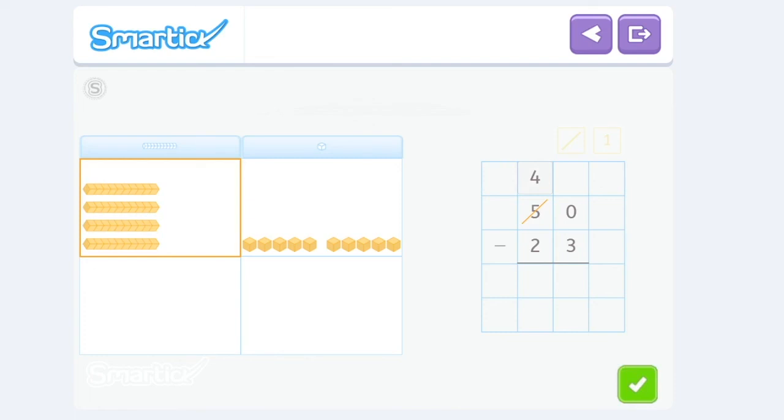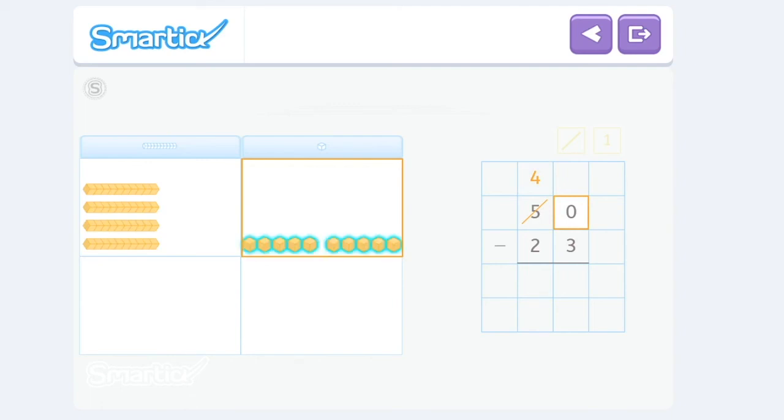That's it! There aren't 5 tens now. There are 4 tens. The units have changed as well. We didn't have any units before, and now we have 10. Change the 0 to a 10 by dragging the 1 to it. When you've done it, press the Continue button.